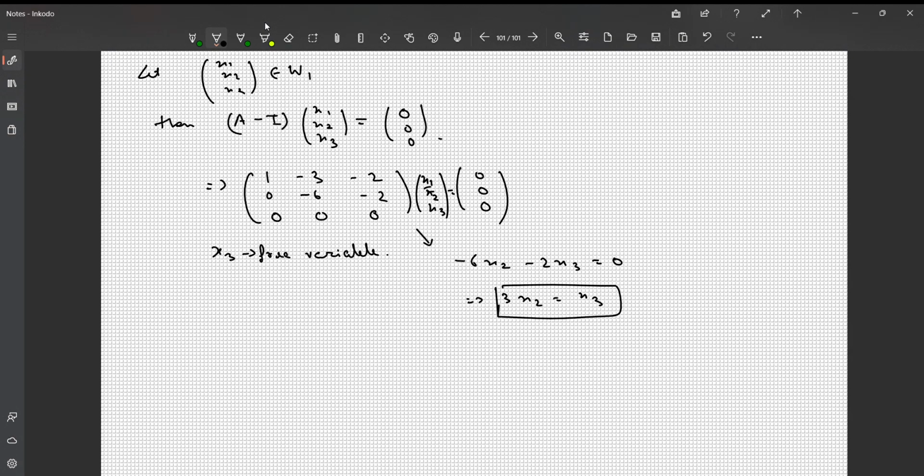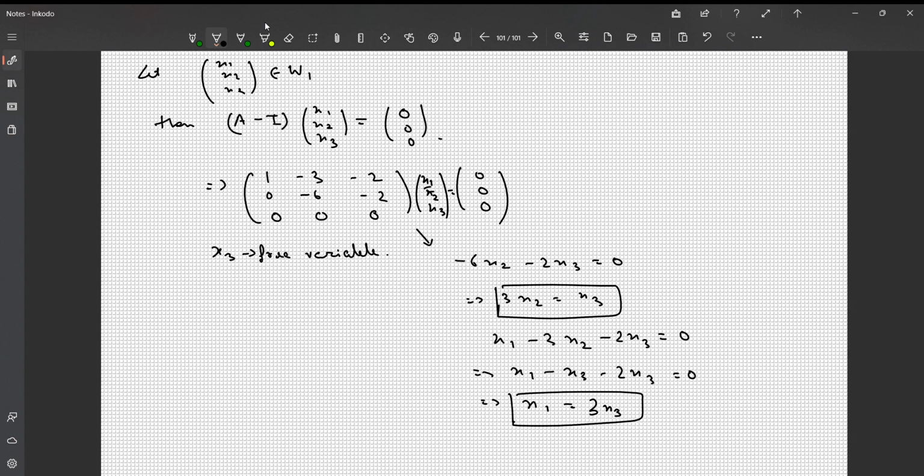So this is one condition we have. The next condition is that x1 minus 3x2 minus 2x3 is equal to 0, but 3x2 can be written as minus x3, so x1 plus x3 minus 2x3 is equal to 0, but that implies x1 is equal to x3. So we have the following two conditions, and we just consider x3 to be an arbitrary value.